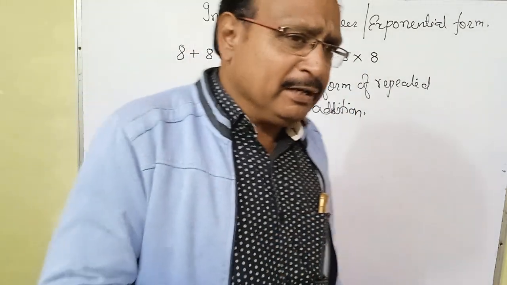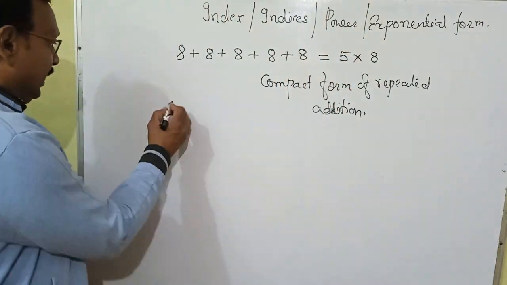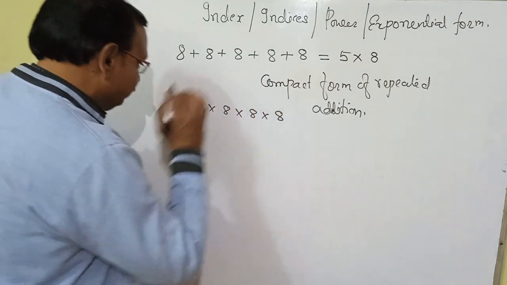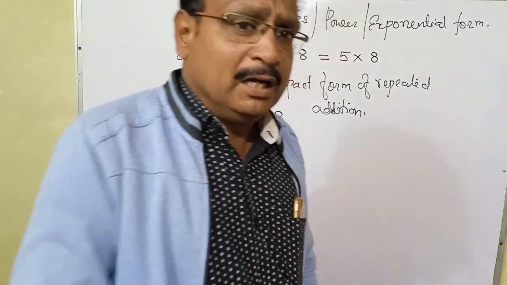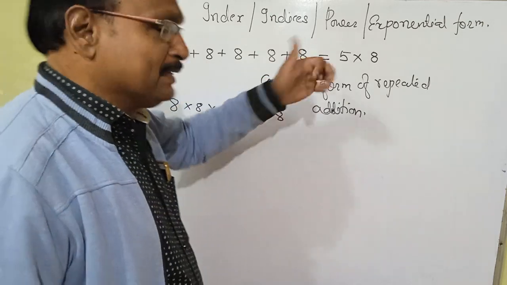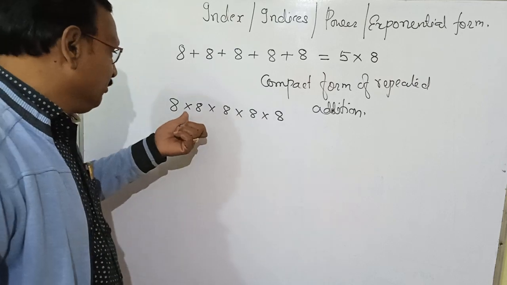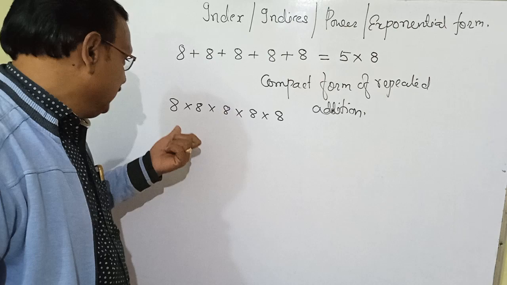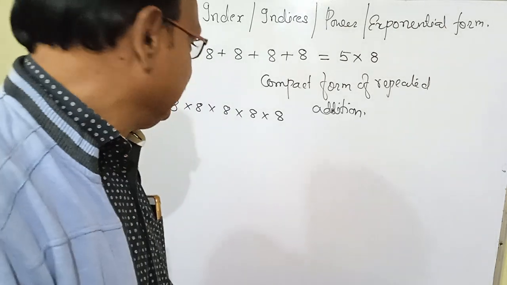Similarly, we come to our today's topic, index. What is this? 8 into 8 into 8 into 8 into 8: 1, 2, 3, 4 and 5. Again, here the notation is changed. Here it was the plus sign, but in this example it is the cross sign, 8 into 8 into 8 into 8 into 8.